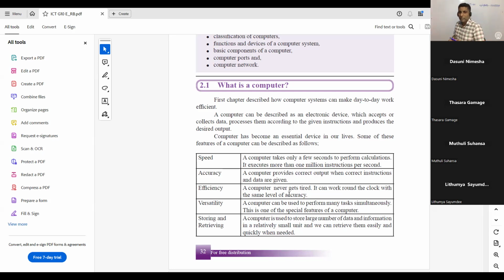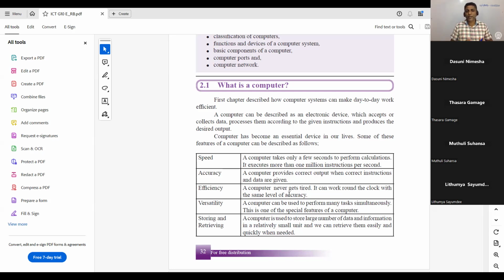Can someone explain what the limitations are? Electricity. Yes, we need to provide electricity. Yes, obviously we need to provide the electricity, but we also need to ensure the environmental factors, right? An example is your air conditioning.